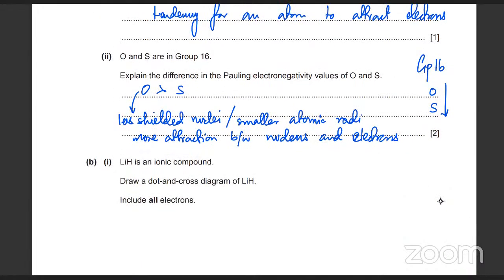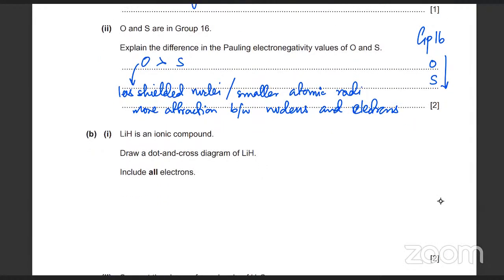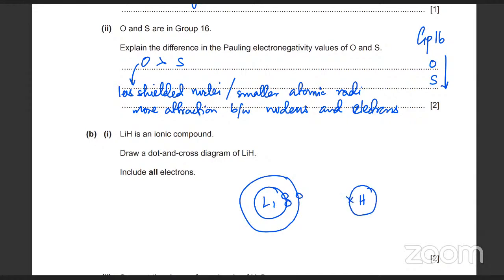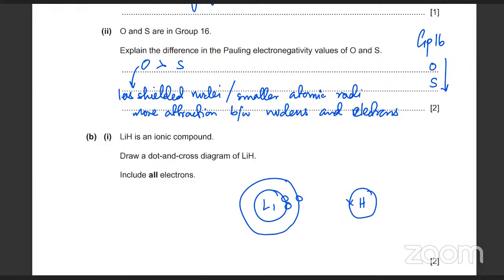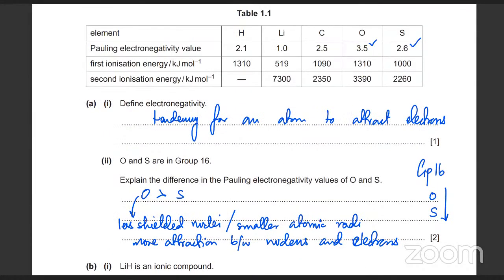The next one is LiH is an ionic compound. Draw a dot-and-cross diagram to show LiH. Li has 3 electrons. It's group 1. H has 1 electron. Now H is the non-metal over here. In the Pauling scale values it's given that Li has an electronegativity value of 1.